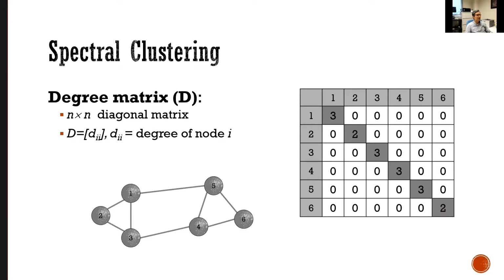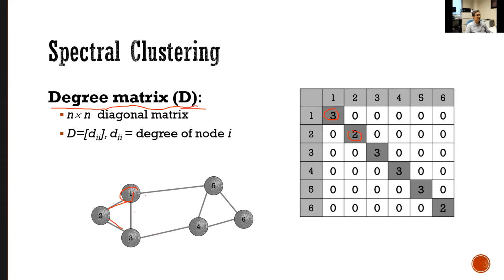Then you will compute the degree. Degree is how many partners each node is linked to. For node 1, you have 3 neighbors linked, so the degree for node 1 is 3, and for node 2 there are 2 partners linked. You fill in the diagonal positions of this matrix and put all the others as 0, and this matrix is called the degree matrix D. It's very easy to compute.